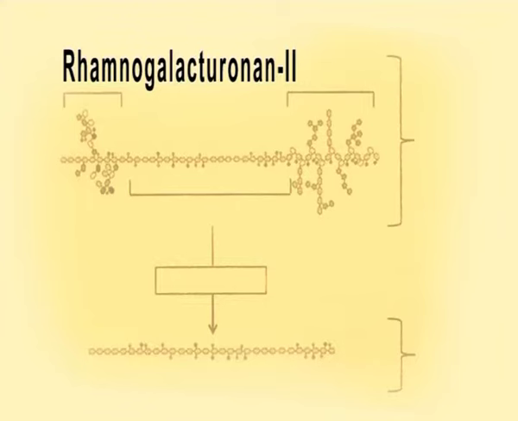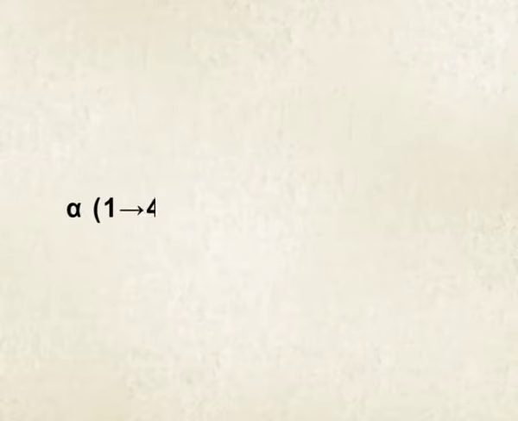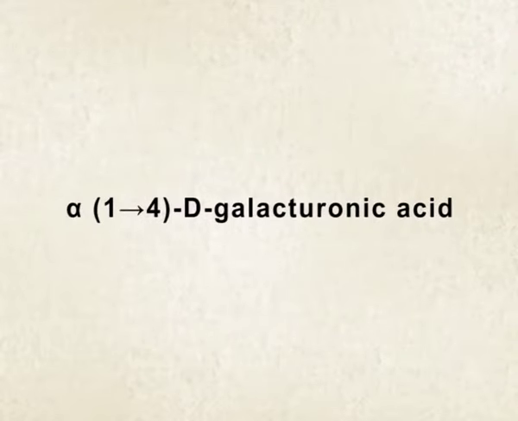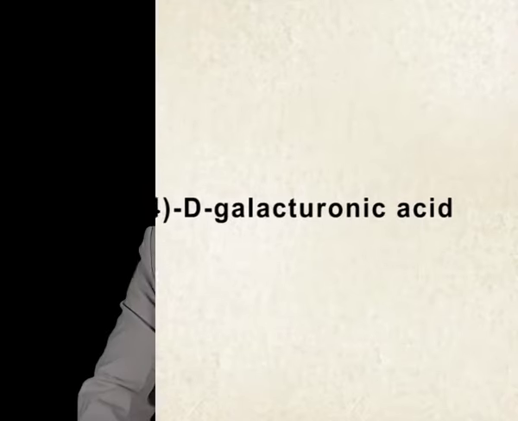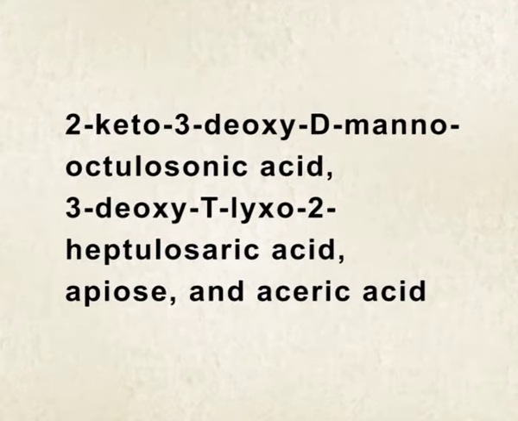Rhamnogalacturonan 2 is represented by a backbone of alpha-1,4-D-galacturonic acid. Some of the side chains attached to the backbone have been identified as 2-keto-3-deoxy-D-manno-octulosonic acid, 3-deoxy-D-lyxo-2-heptulosaric acid, apiose and aceric acid.